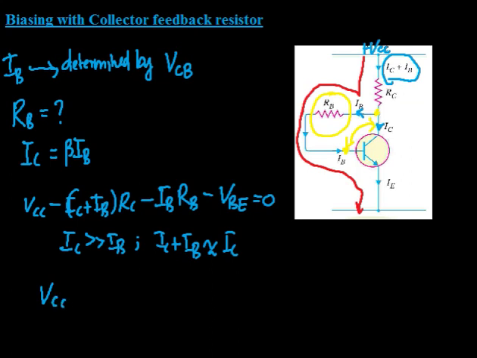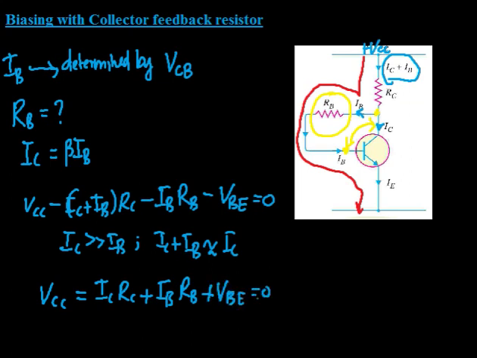So we have the equation as VCC is equal to ICRC plus IBRB plus VBE.